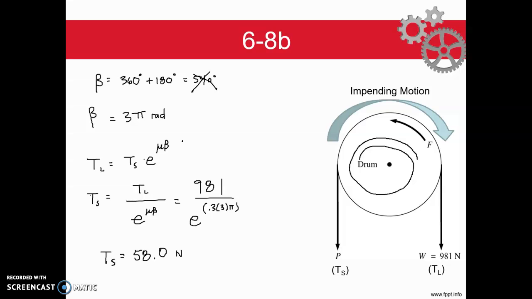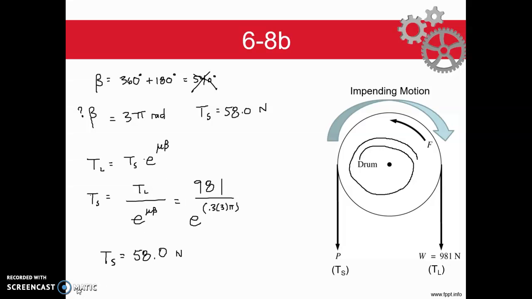So I'm going to use the same values from this example. I'm just going to write down up here that Ts, the small tension, was 58.0 newtons. And then I'm going to pretend that we don't know what beta is, that's our unknown that we're trying to solve for.